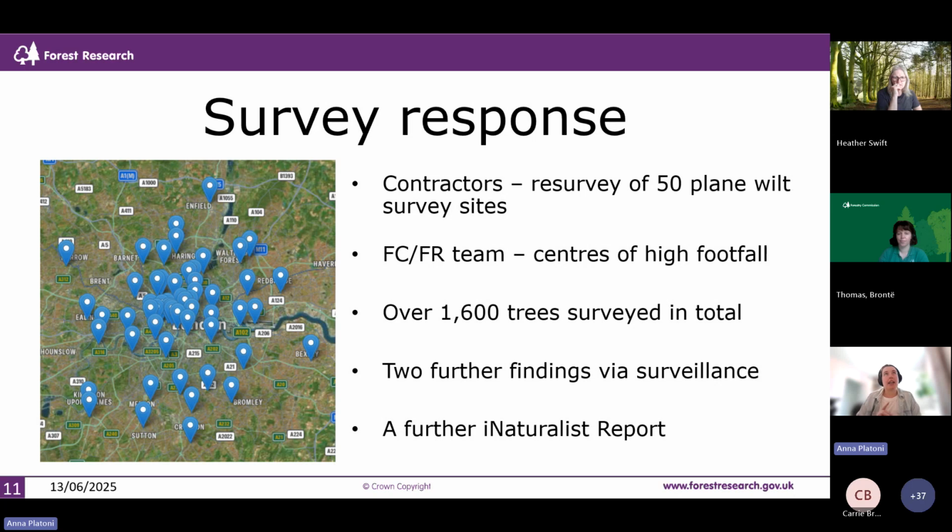That gave us 3 known populations in London. A further report has since been made on iNaturalist in the Russell Square area of London, of a Platanus lacebug adult overwintering under plane bark.